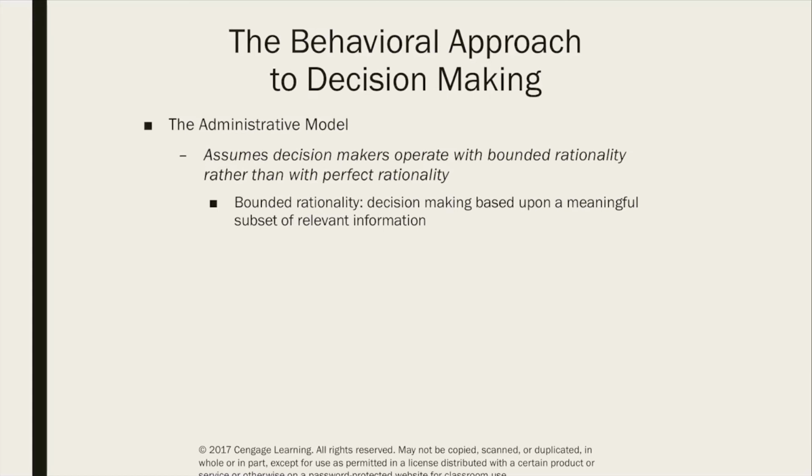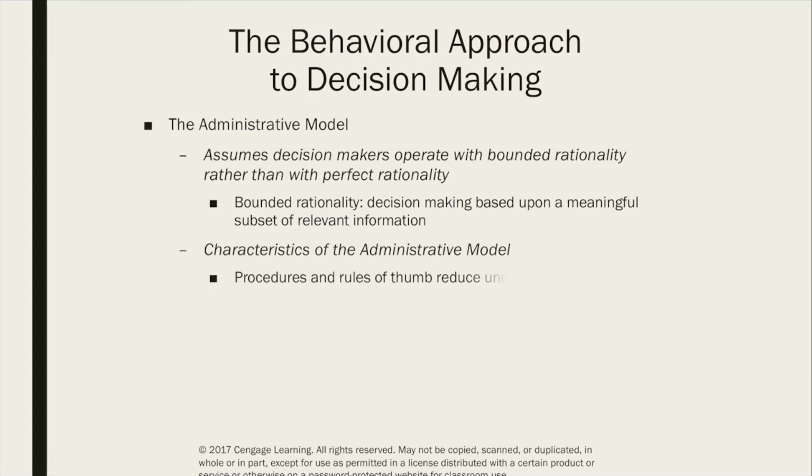There may be costs, there may be time constraints where you have to make a quick decision, or you don't have the money or the resources to get everything that you need. So you can use bounded rationality, which is taking some of the ideas that you have and doing the best that you can with it. Now, a characteristic of this model is that you have rule of thumb procedures.